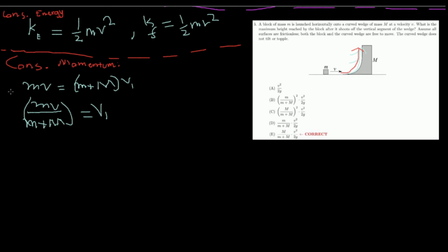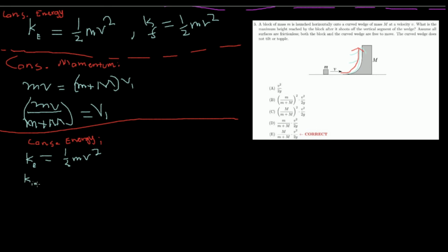So now we could just use conservation of energy again. Essentially we have KE initial equals 1/2 mv squared.